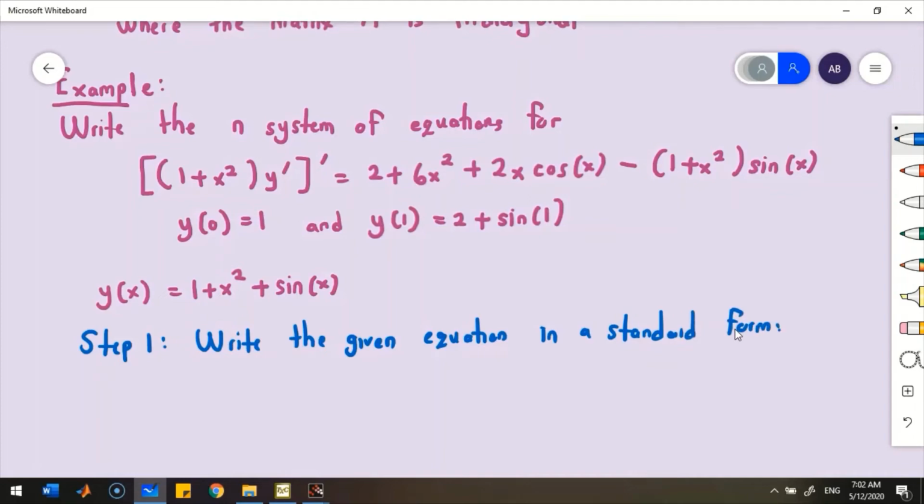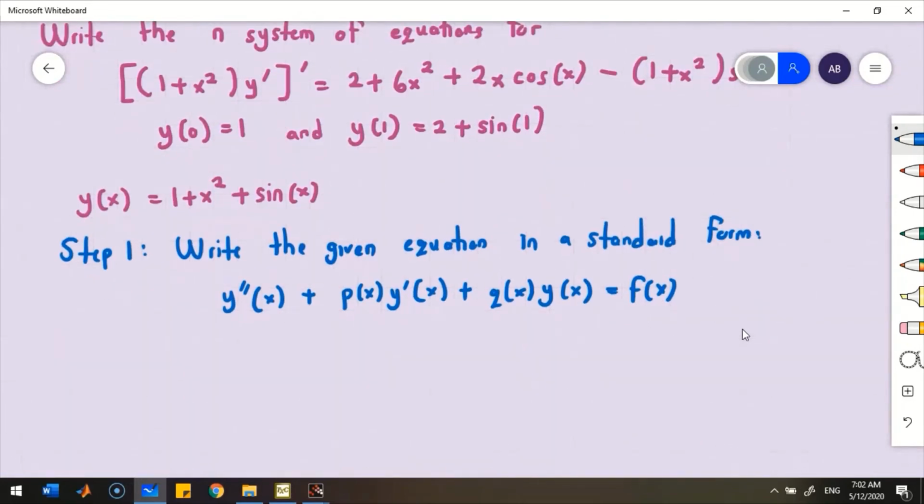The standard form should be something like y double prime x plus p(x) y prime x plus q(x) y(x) equals f of x. Okay, this is the standard form. Now can I write the given equation? So let's look at the given equation here.